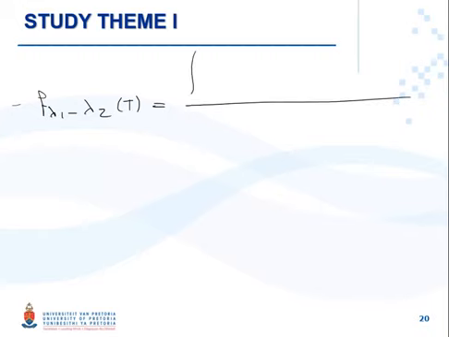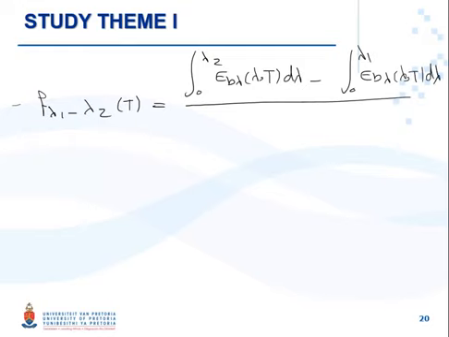So integral from 0 to lambda 2 of E_b lambda T d lambda minus integral from 0 to lambda 1 of E_b lambda T d lambda, divided by the whole area, sigma T^4, which is F lambda 2T minus F lambda 1T.